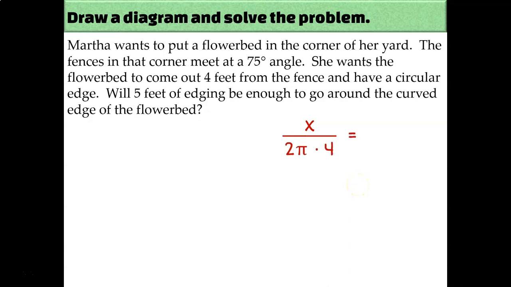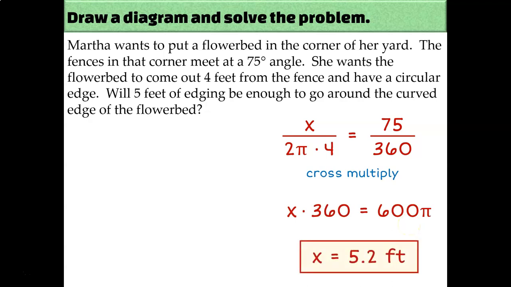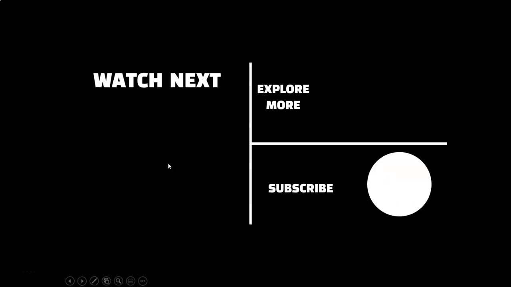The degree measure of the fences is 75 degrees. The degree measure of a whole circle is 360. So let's cross multiply and solve, and we find out that the edge of her flower bed is going to be 5.2 feet. So is her 5 feet of edging enough? Not quite.